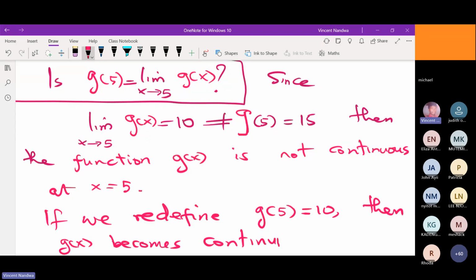So this is an example of removable discontinuity. And remember, what you can modify is the value of the function at the point x equals c. But the limit, you don't interfere with it. So you simply change the value of the function as defined at the point c to be the same as the value of the limit calculated. Then the function will be continuous.